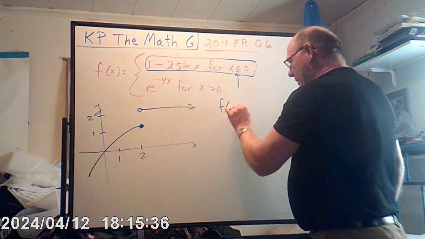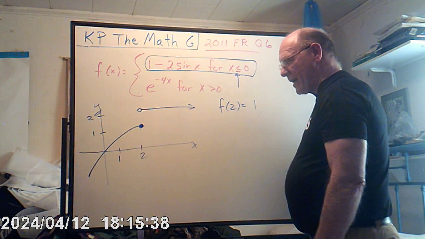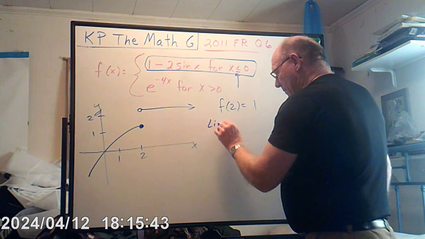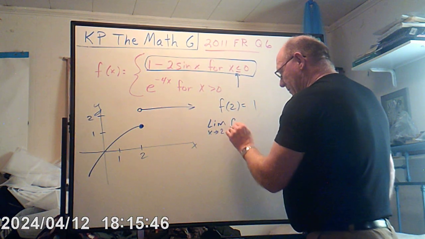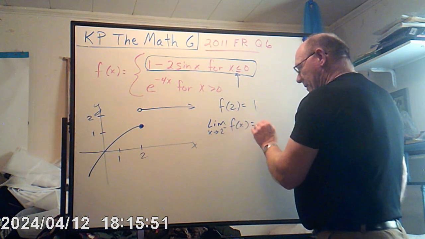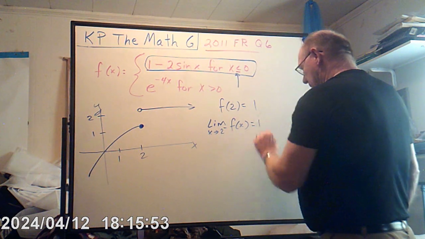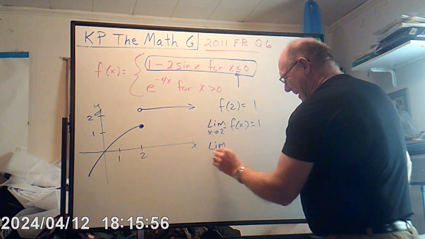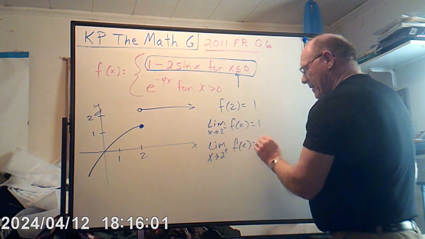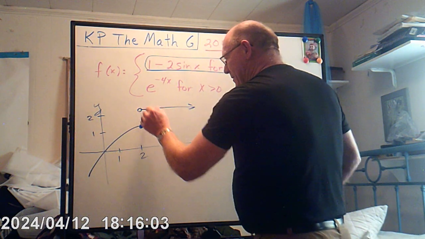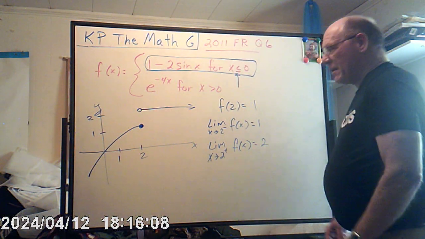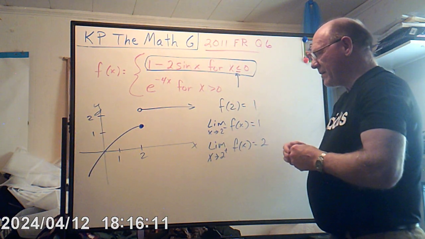F at 2 is equal to 1 in this case, and the limit as x approaches 2 of f from the left is 1, but the limit as x approaches 2 from the right, f at x, is not 1. It still exists, even though it's hollow. You still approach it, it's still 2.